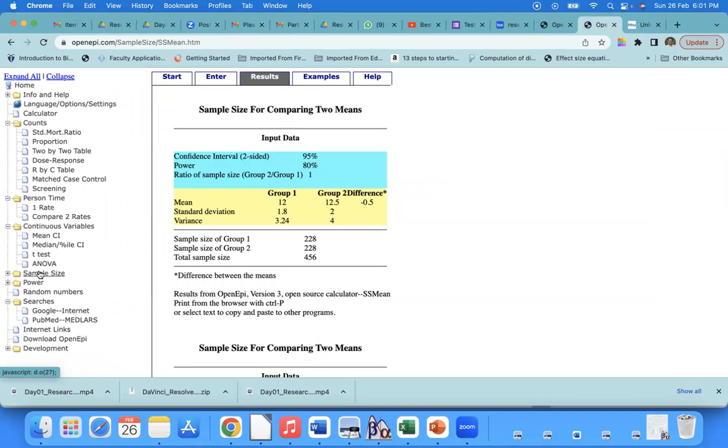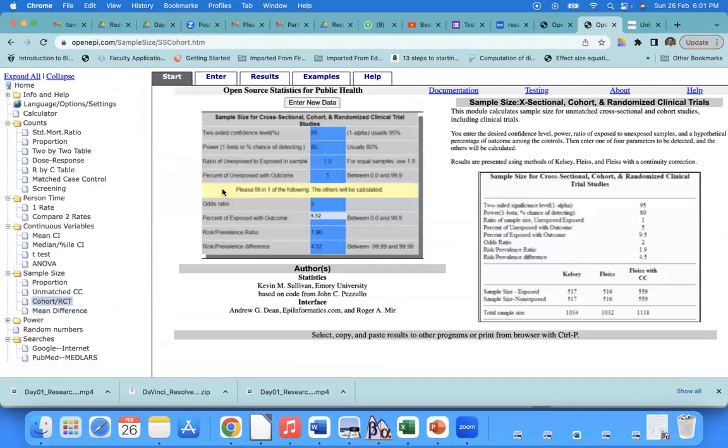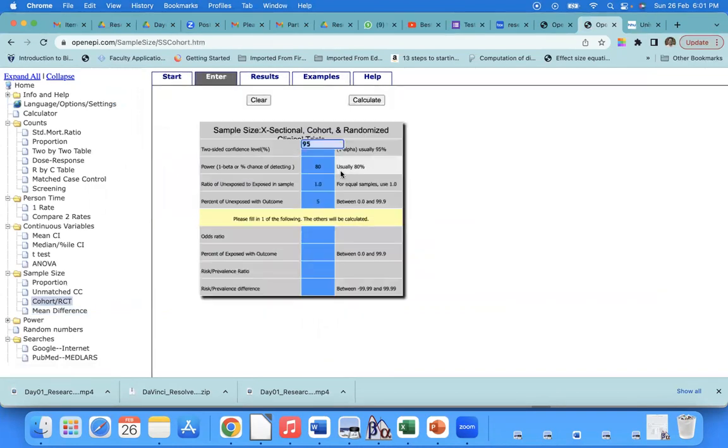Suppose it is an RCT. Yes, for an RCT, you click on OpenEpi and choose the RCT or cohort option. Then you put the two-sided power and so on, and the percentage of unexposed with the outcome, so that's one group.